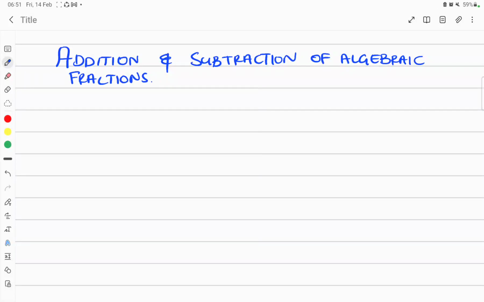Let us look at addition and subtraction of algebraic fractions. You have to go back to grade 7 and grade 6, whereby we've learned about fractions.